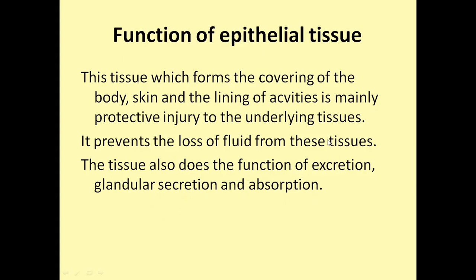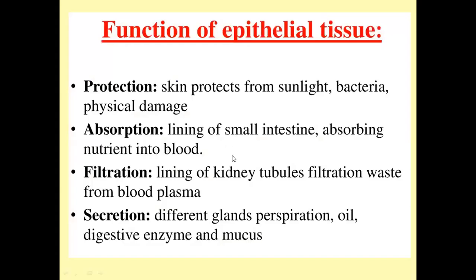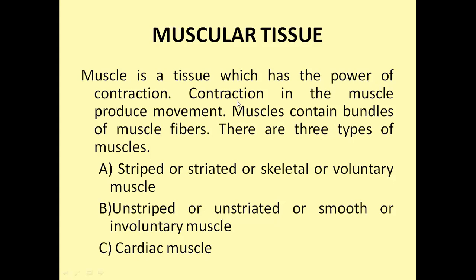So this also helps in various processes of excretion in kidneys and skin, as well as glandular secretion, like in endocrine glands, and also in the intestine where it helps in absorption. Functions of epithelial tissue: protection, absorption, filtration, and secretion.